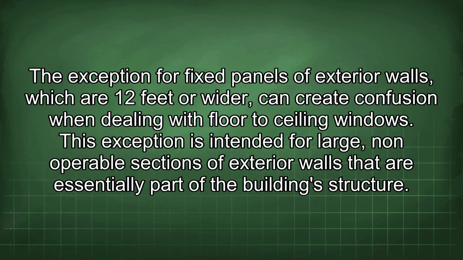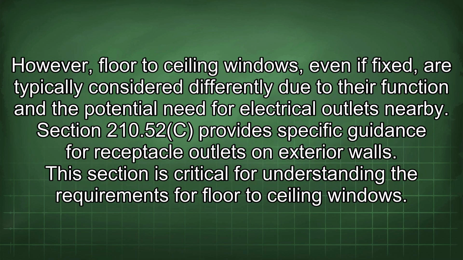The exception for fixed panels of exterior walls, which are 12 feet or wider, can create confusion when dealing with floor-to-ceiling windows. This exception is intended for large, non-operable sections of exterior walls that are essentially part of the building's structure. However, floor-to-ceiling windows, even if fixed, are typically considered differently due to their function and the potential need for electrical outlets nearby.